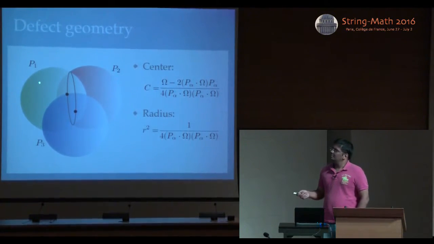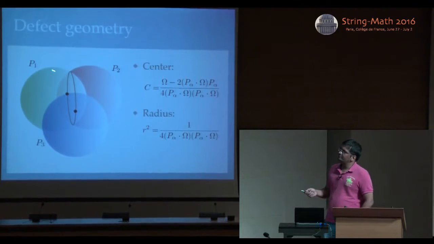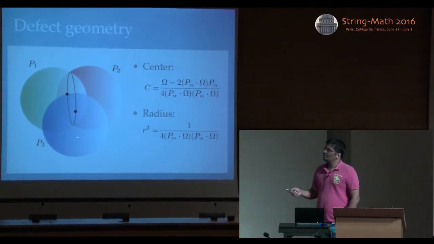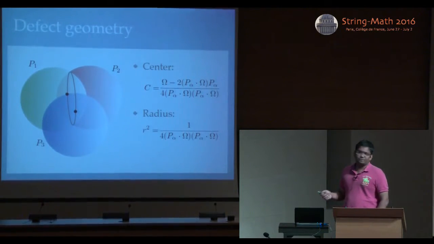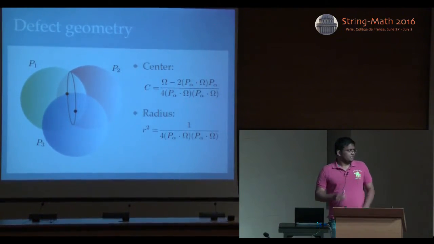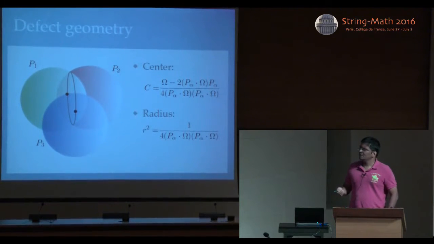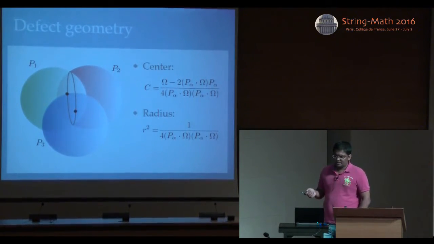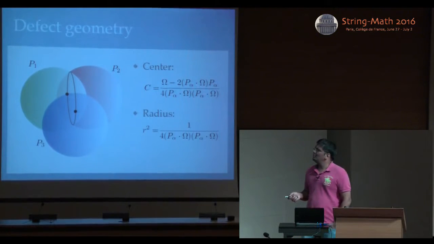So imagine, if you wish, a problem in coordinate geometry where you are given a bunch of codimension 1 spheres and are asked to find the center and the radius of the sphere that you obtain after intersecting all of them. If you just were to use coordinate geometry, it's a cumbersome problem.